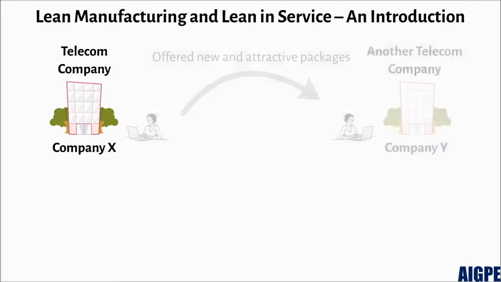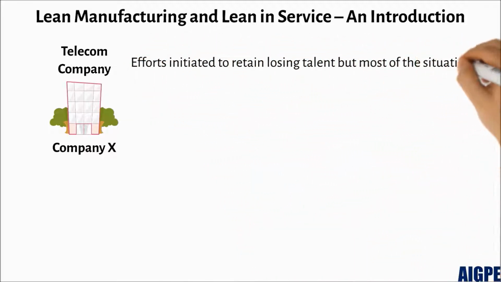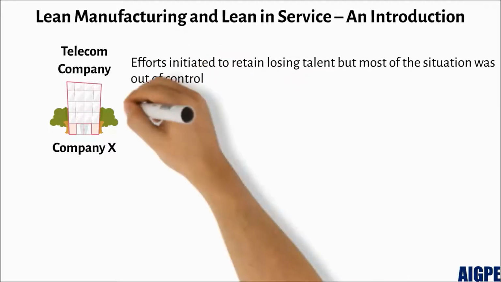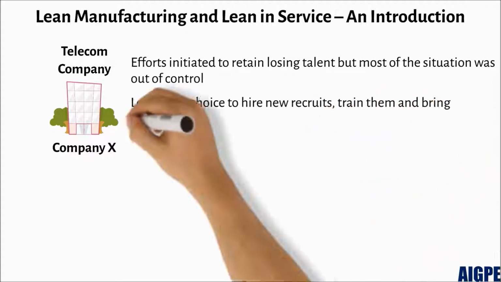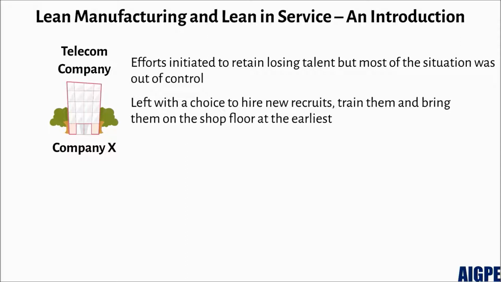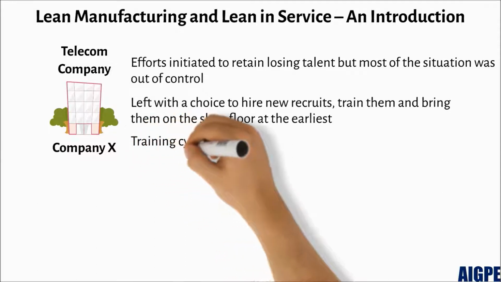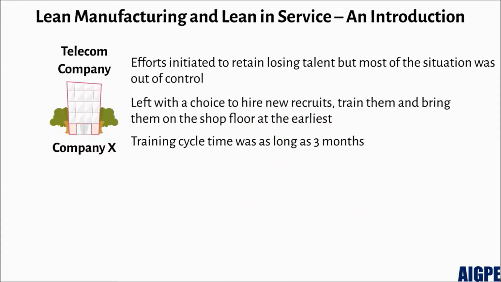While there were efforts initiated to retain the losing talent, most of the situation was going out of control for them. They were left with a choice of hiring new recruits, training them, and bringing them on the shop floor at the earliest. However, there was another problem. Their training cycle time was as long as 3 months. So they decided to reduce this training cycle time.